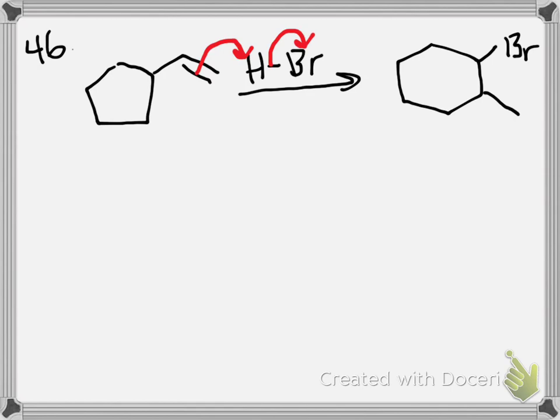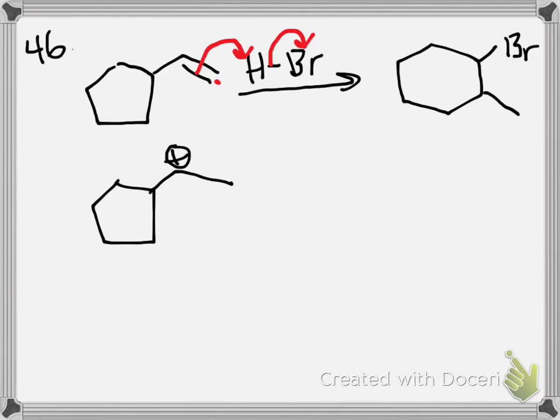The electrons in the hydrogen-bromine sigma bond end up as a lone pair on the bromine. And it's this carbon here that's going to use the pi electrons to form a bond to the bromine, because in doing that, what you will get is a more stable carbocation.